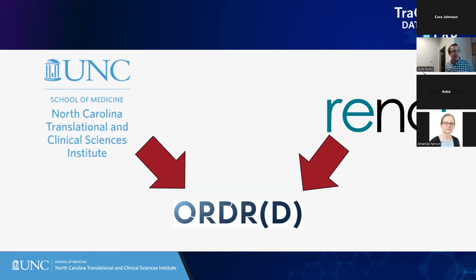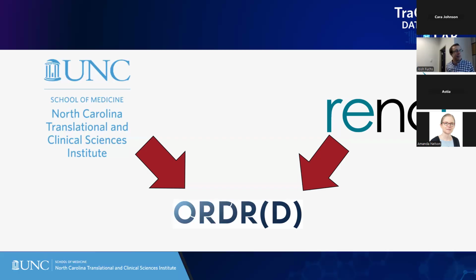So Ordered is a collaboration between TRACS and RINC that is really meant to provide new health research data warehousing at UNC. It's meant to support both education and training, improve research data security, as well as improve access to research data that you all can use, as well as decrease the EHR data extraction workloads that can sometimes exist.